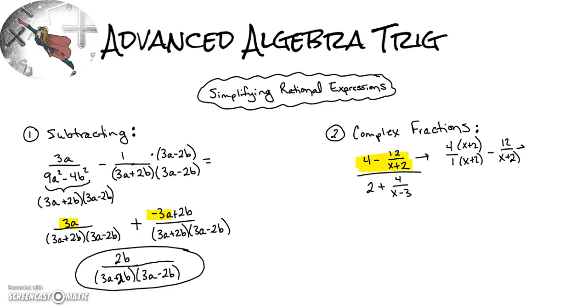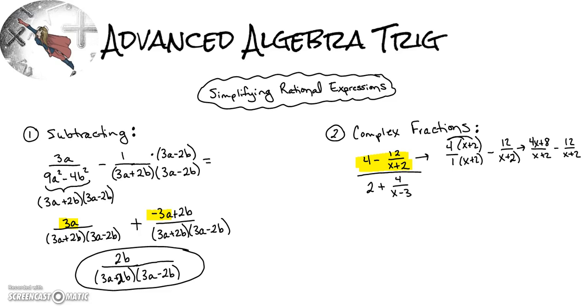So when I distribute the 4, it's going to become 4x plus 8, over the common denominator, minus 12 over x plus 2.